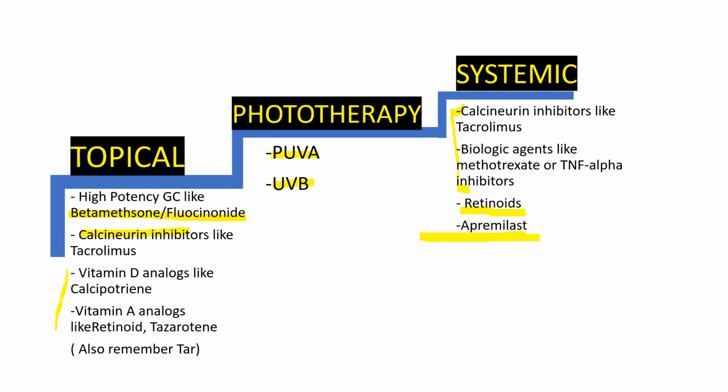It is mainly used for psoriatic arthritis. It is a PDE inhibitor. We don't need to get to the specific details, but it is given in UWORLD, so you should remember. And the toxicity obviously increases from topical to phototherapy to systemic.